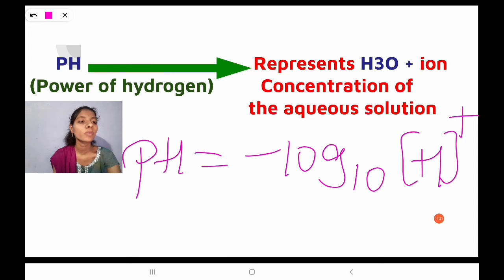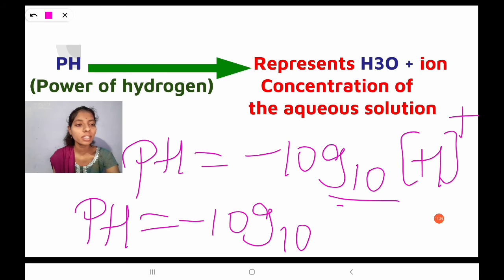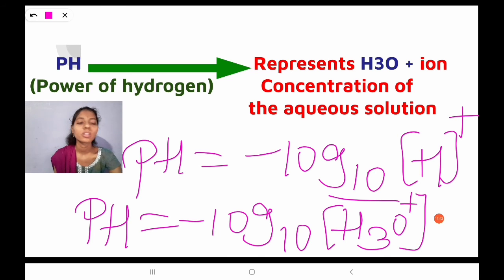Base 10 we are using. And H+ ions are not stable in the solution. When mixed with water, they are released as H3O+ ions. So we can also calculate pH equals minus log base 10 of the H3O+ ion concentration. So by using pH, we can calculate these values.